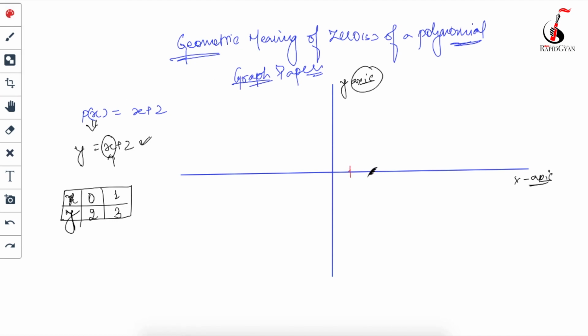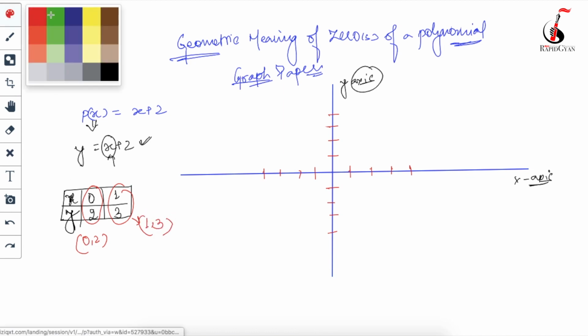Now do your graph part. This is 1, 2, 3, 4, and this is minus 1, minus 2, minus 3, minus 4, on both axes. So what is your first point? Your first point is (0, 2), and your second point is (1, 3).